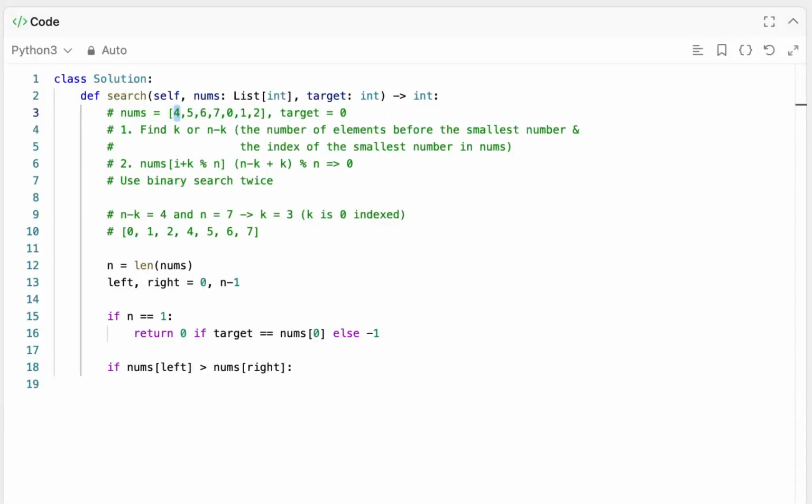If this is strictly superior to this one, it means that I can get the middle.